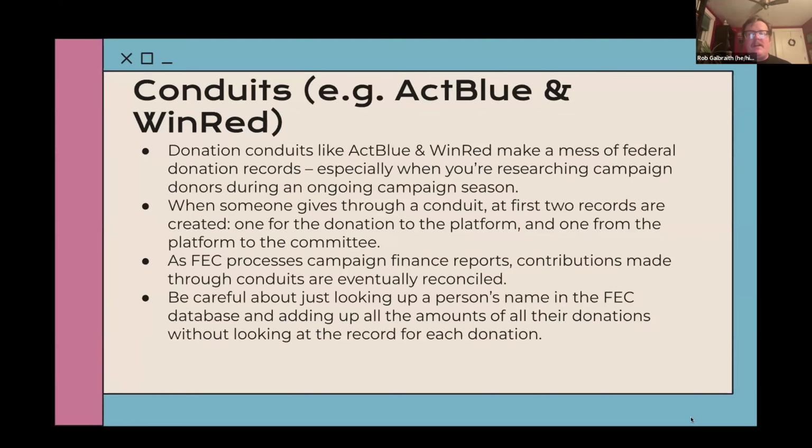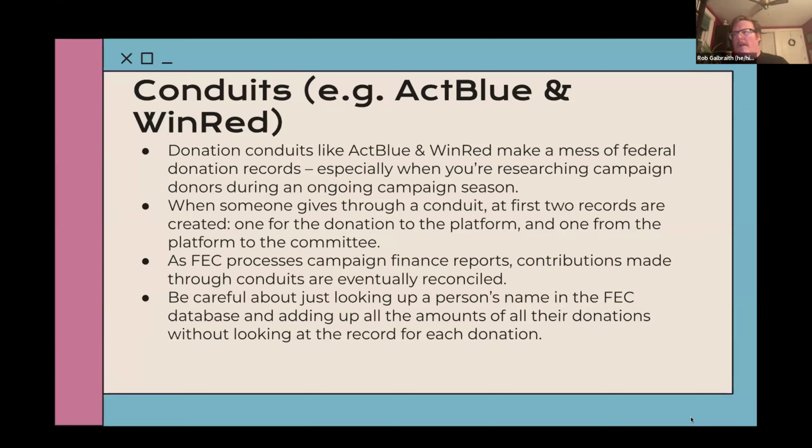If I give somebody $25 through ActBlue, at first the FEC database is going to show that I gave $25 to ActBlue, and then ActBlue gave $25 to whatever politician.